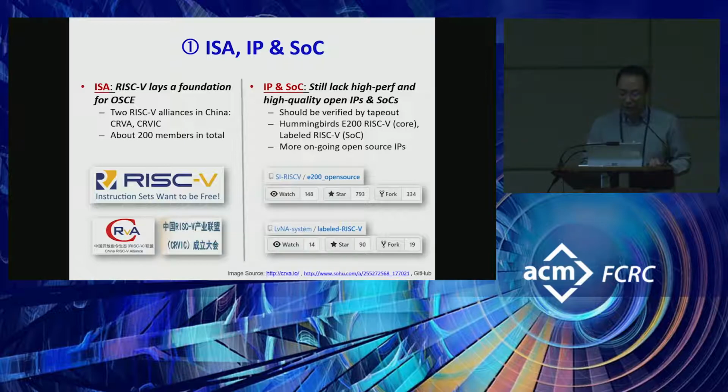Now in China, we have some startups that already released the Hummingbird RISC-V core. This is open source. And we also open source the Labeled RISC-V, which is actually a SoC. There are also more ongoing open source IPs in China.